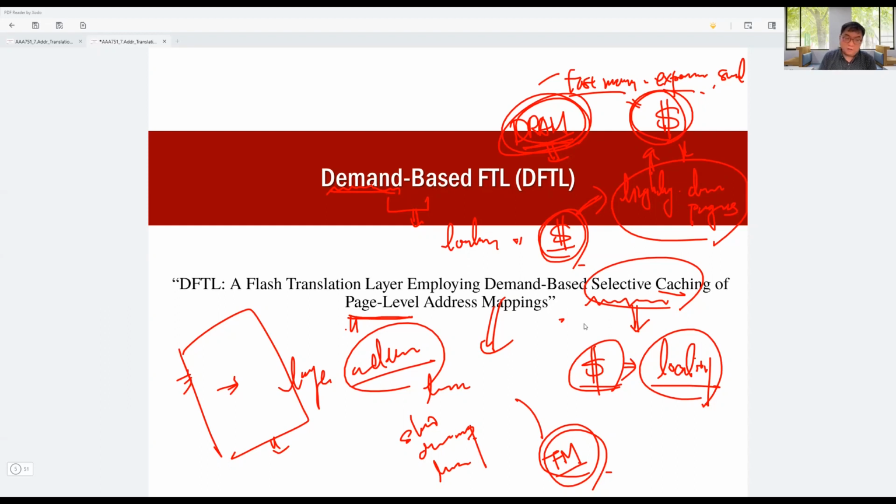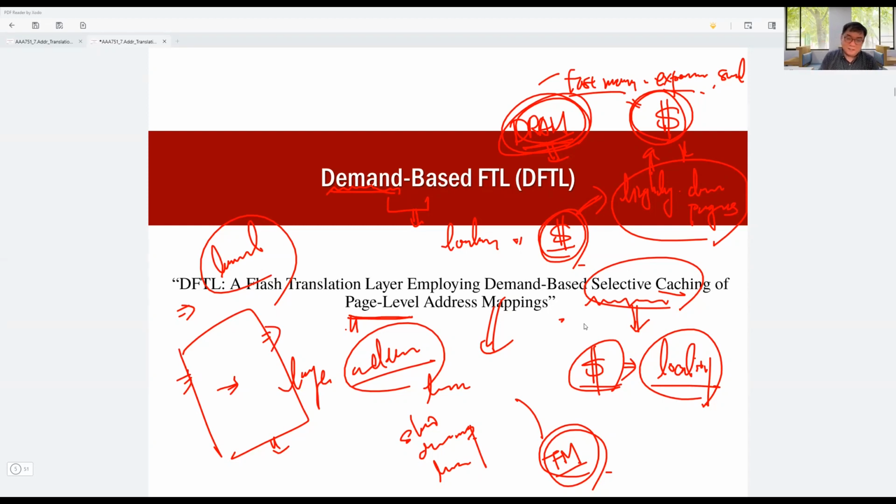And then if the request to storage device has locality, then we can apply the caching mechanism to manage this large translation table.